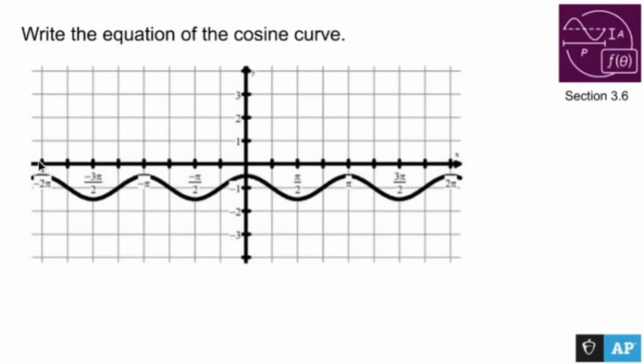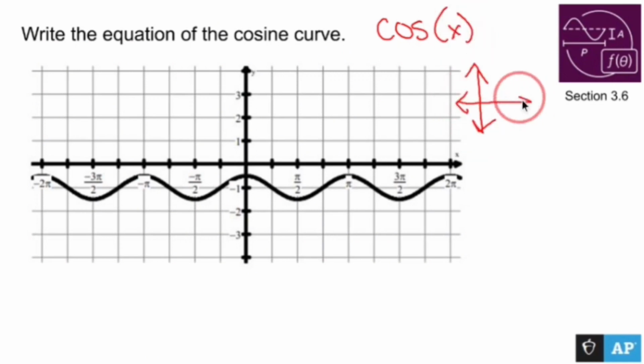Write the equation of the cosine curve. All right, before we try to come up with an equation, let's remember what cosine looks like. Cosine, give or take, starts at 1 and then comes down and repeats itself at 2 pi. I need to see how this differs from the regular cosine curve.